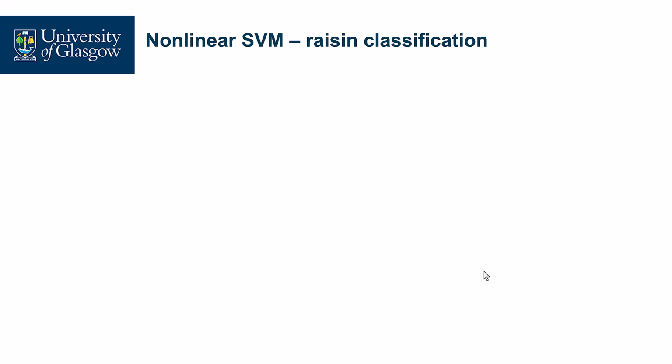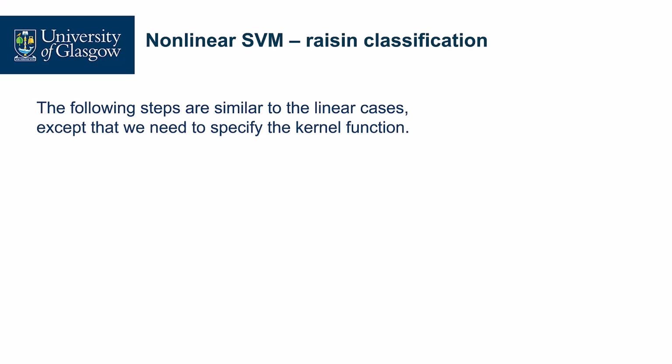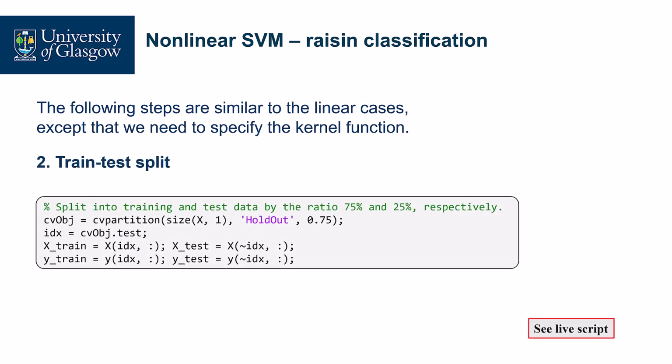In implementation, this is very similar to the linear SVM, except the difference is we need to specify the kernel function. Okay, so first step, let's split the training data and test data. Using cvpartition, we get the training set and the test set. Then we will use the training set to train the nonlinear SVM, and then we use the test set to test its performance.